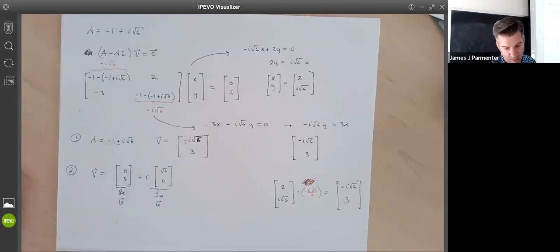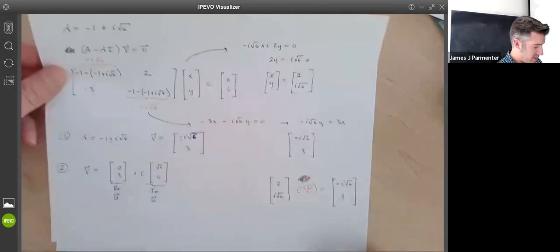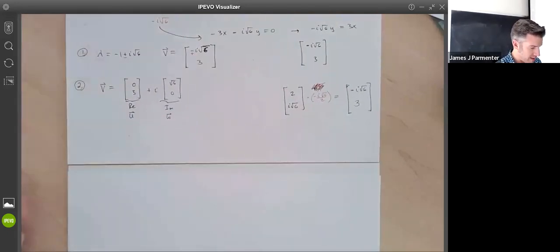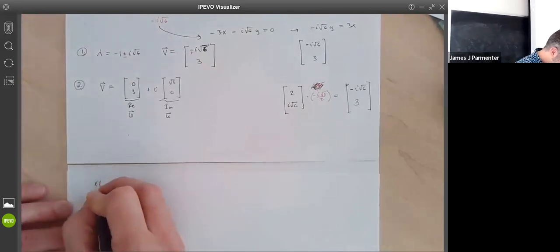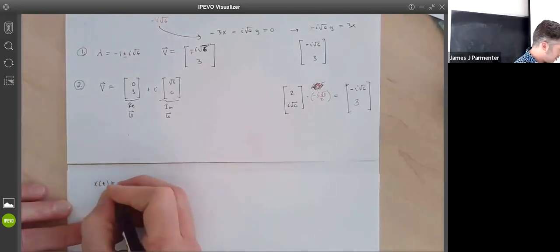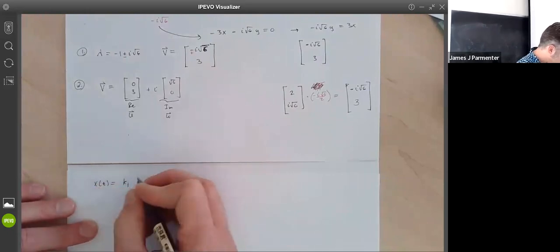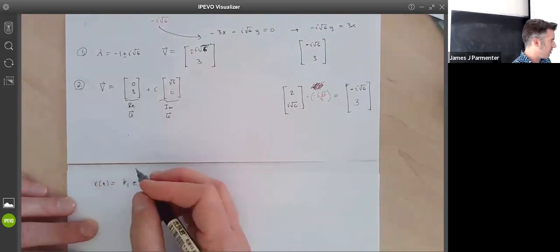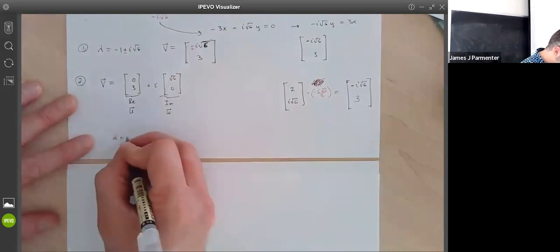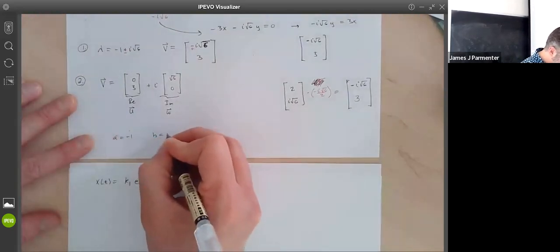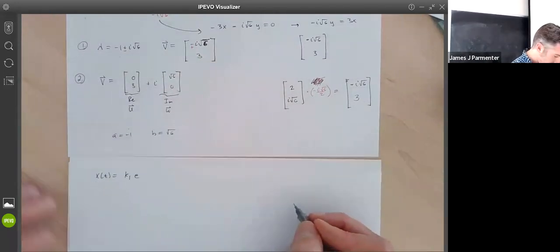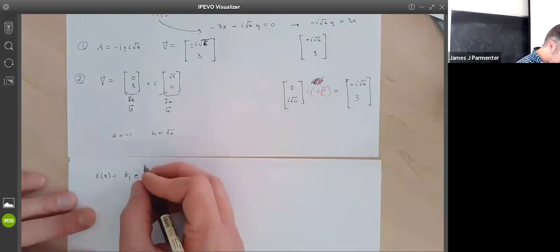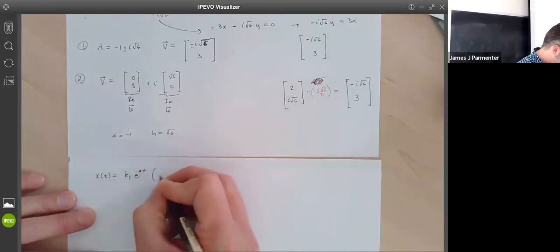There is some small analysis you really can do if you want to, but I don't think it's worth your time. I think you should just be like, okay, there's that, and then, okay, in the book, equation 13, x of t is equal to k1 e to the at, I also should write down what a is, right? a is -1, b is positive root 6. Okay, so here's my formula. I do feel like I should write that again, even though it's kind of a pain.